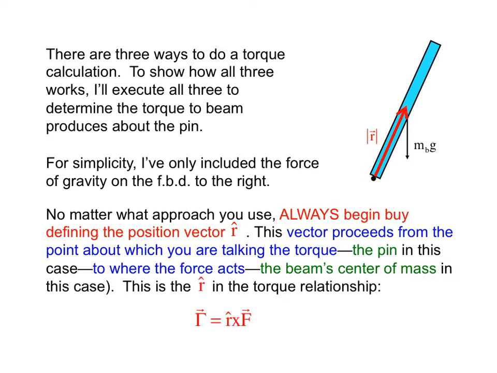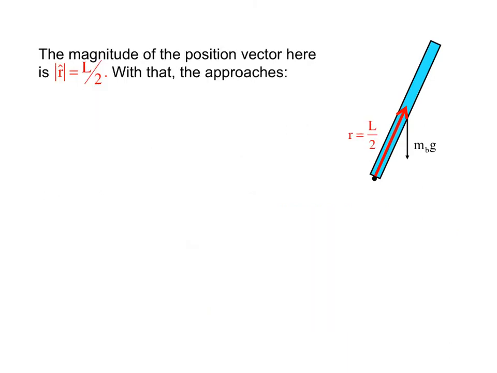That position vector is the R in the R cross F relationship that defines torque. In our problem, that position vector has a magnitude of half the length of the beam, L over 2.